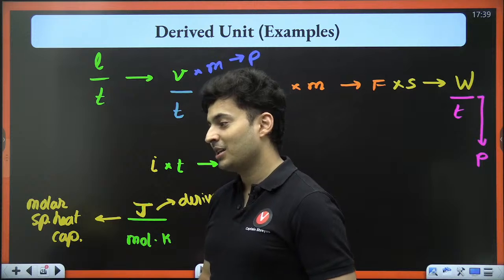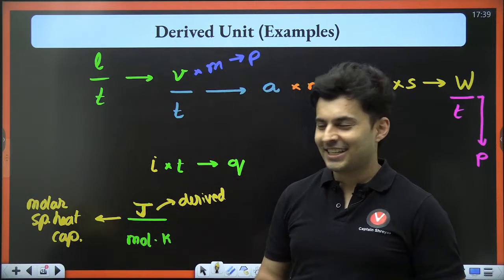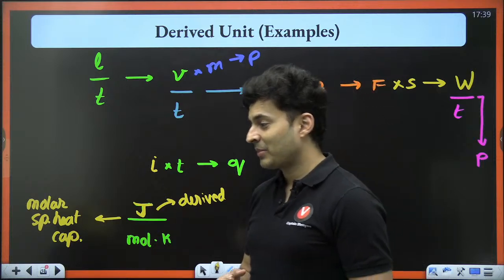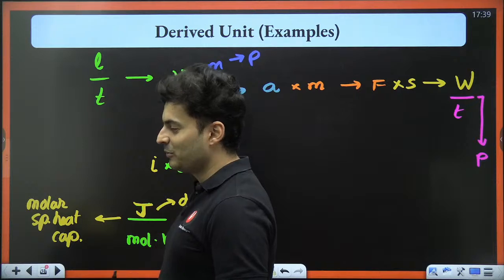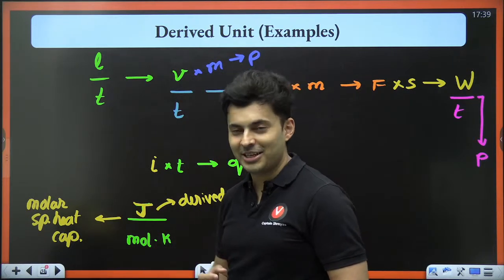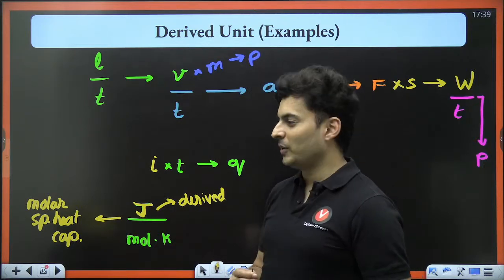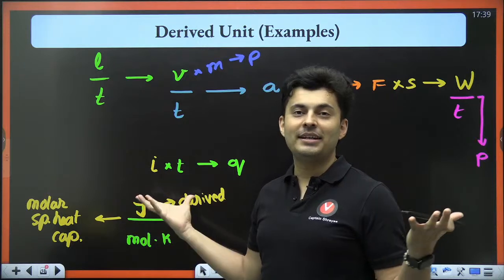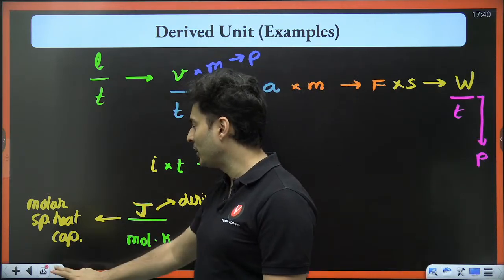Mean free path, RMS speed, then viscosity, surface tension. Yes, so cool. Very good. Potential difference, torque, angular momentum, rotational energy. Very good. So now you see there are so many derived quantities which are based on the fundamental quantities. I think it has opened up your mind.